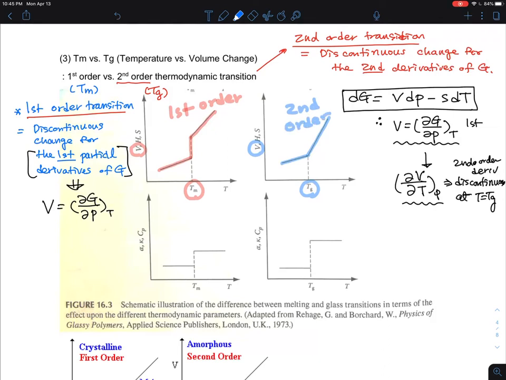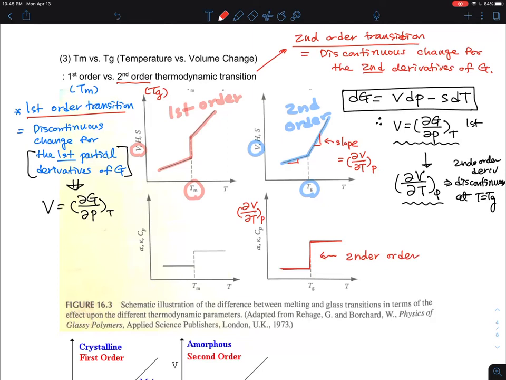If you take the derivative of this, it will be this and that, and this slope is more or less the volume change in response to temperature change, let's say keeping the ambient pressure condition. So if I draw round V, round T at constant pressure, for example, this will be a low value, and there will be another low value, and there will be a discontinuity here. That's why it is a second order transition.